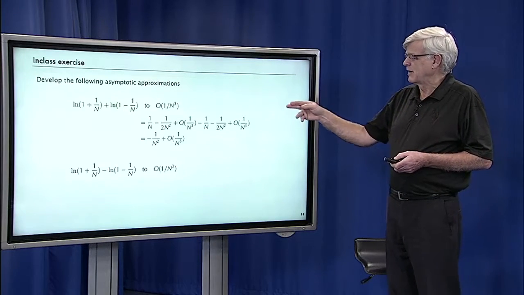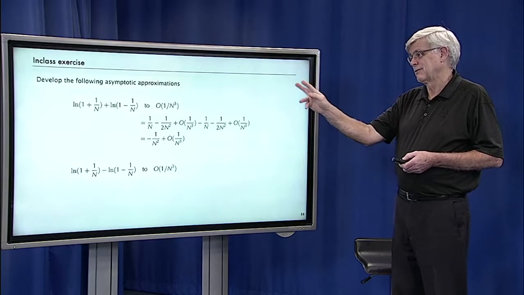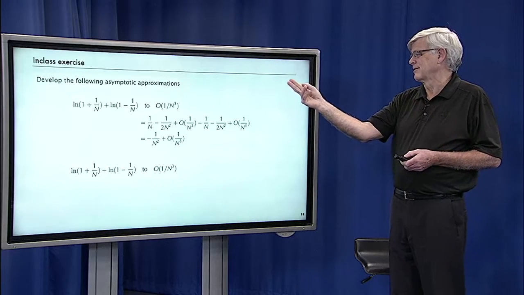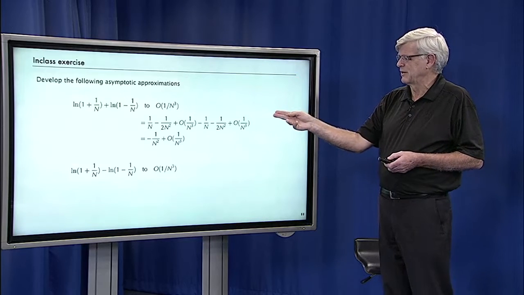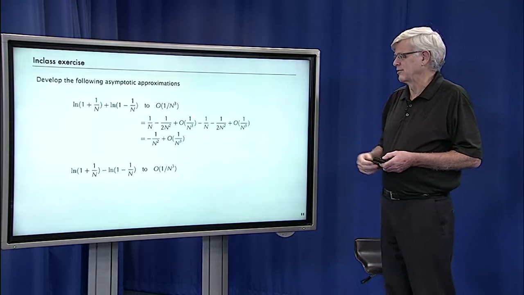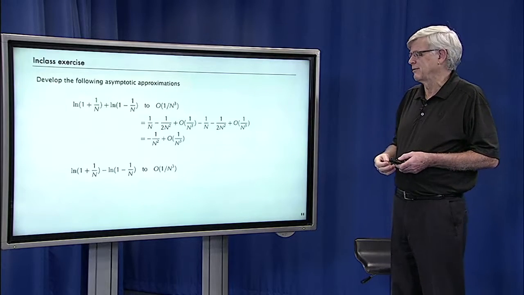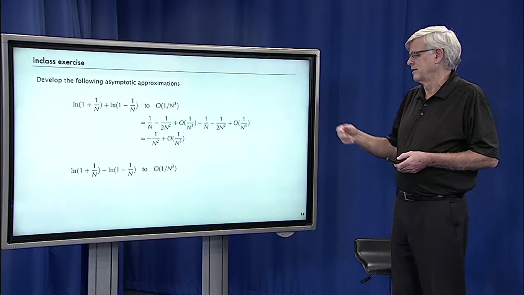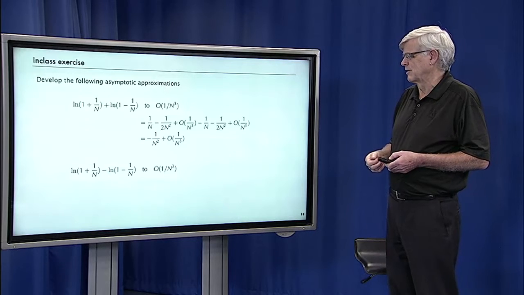So right away you can see the log of 1 plus 1 over n is a rather complicated function, but we can approximate it very accurately as just minus 1 over n squared, and that's going to be quite accurate in the practical ranges of interest.